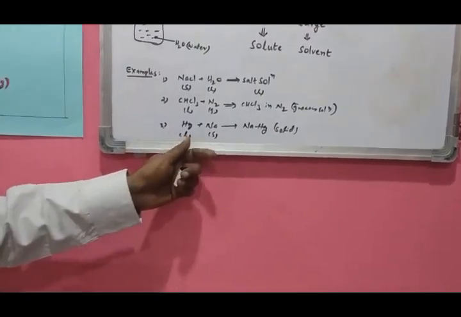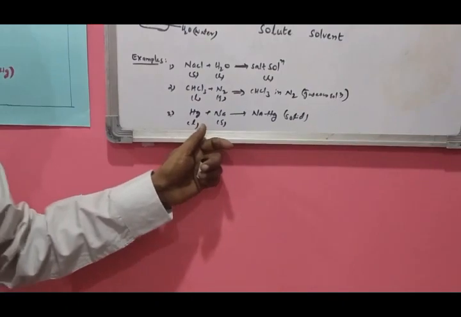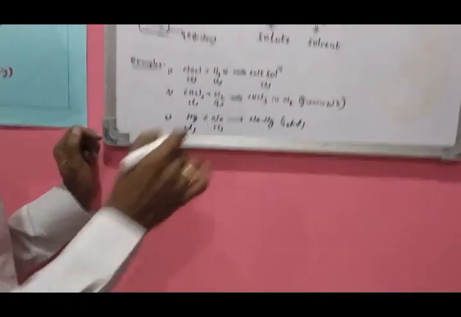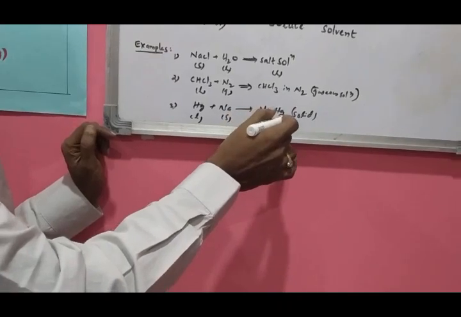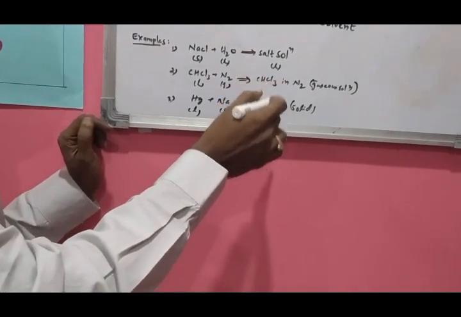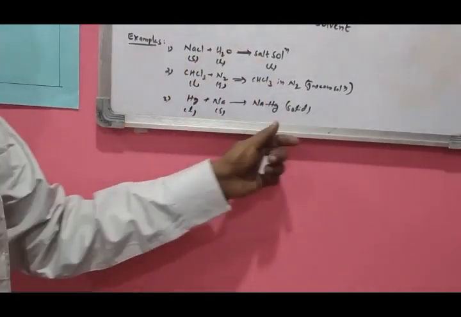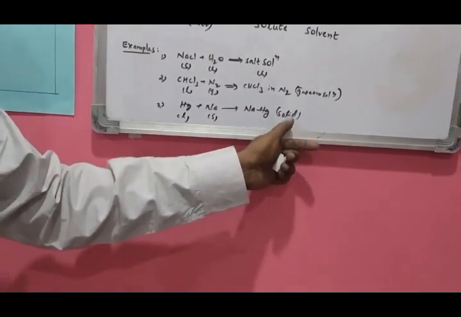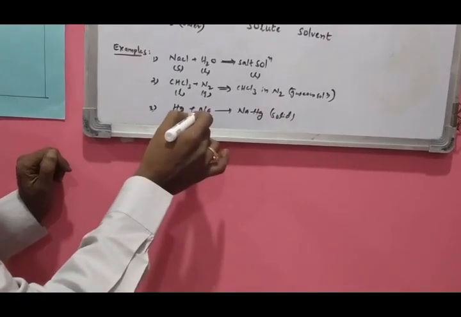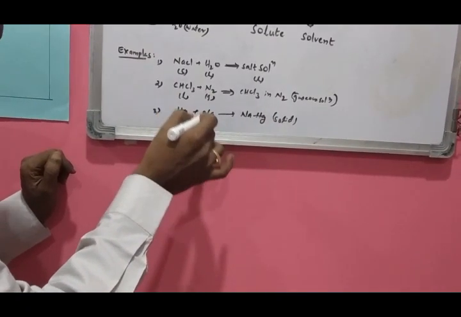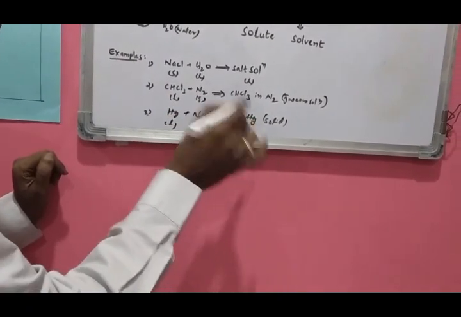Next comes the third example. When we add mercury drops to sodium metal, we get sodium amalgam, which is solid. In this case, the solvent's physical state is solid.